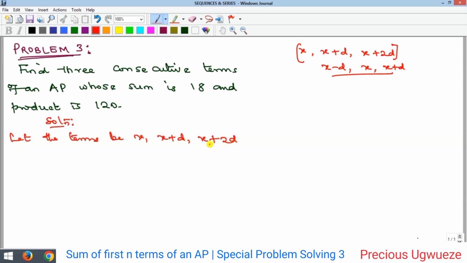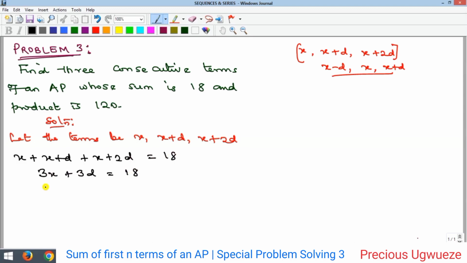Okay, so if these are our terms, what do we do? Just like we did, we try to solve from the information given. They said that the sum of the three terms is 18. That means x plus x plus d plus x plus 2d is equal to 18. If you sum what we have here, you see that we have 3x plus 3d is equal to 18.